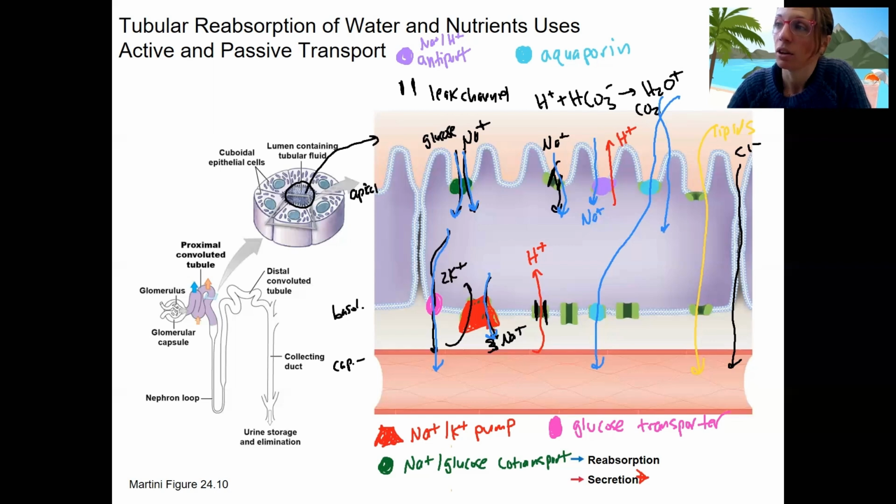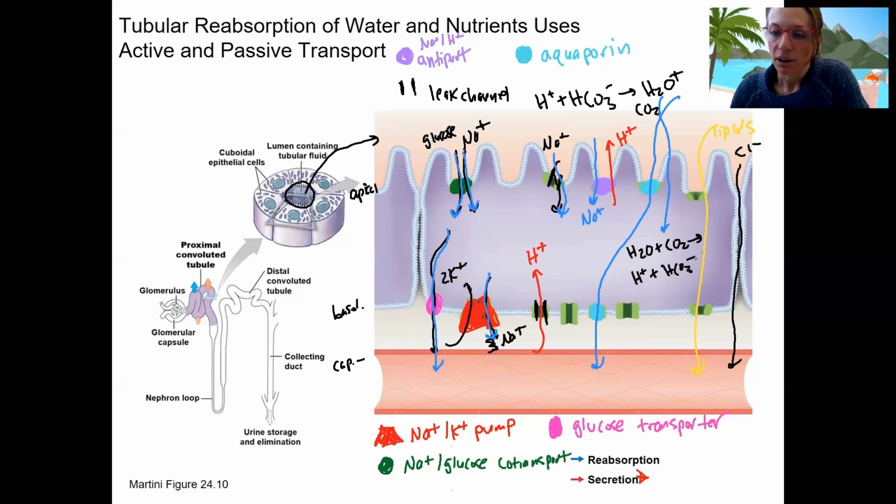Inside the cell, are we just going to have them diffuse out? No, because we want to reclaim bicarbonate, but not hydrogen ions. So we're going to have the reaction occur in reverse. H2O plus carbon dioxide, that's what just diffused in. Those are going to form our hydrogen ion and bicarbonate.